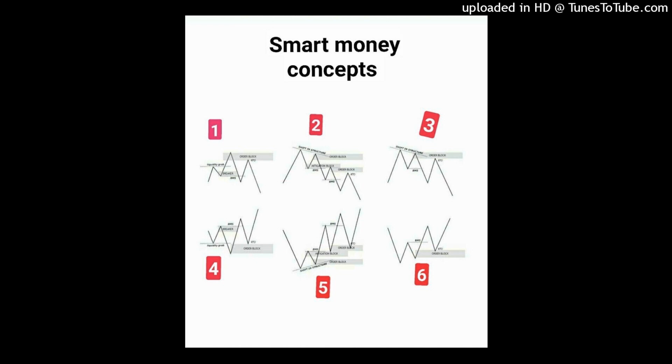We're perfectly retraced to our point of interest and reversed, right? Now, sometimes what's good to look for is, because what you can see is we have broken structure to the downside here, yeah, which indicates that price is probably going to be bearish.